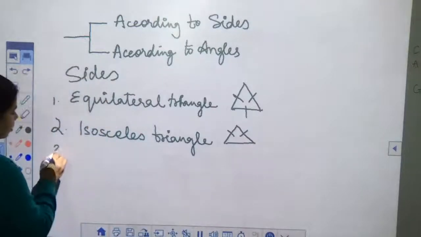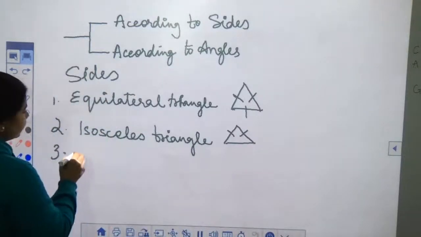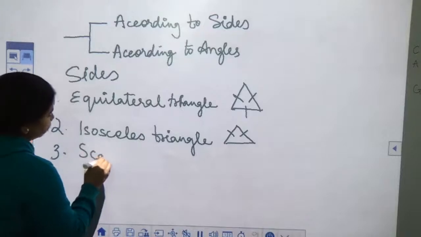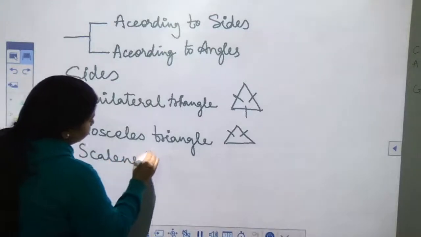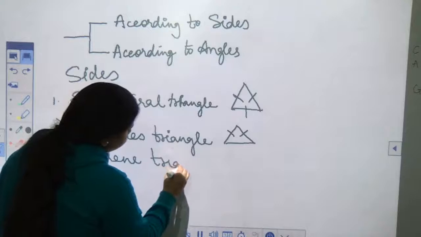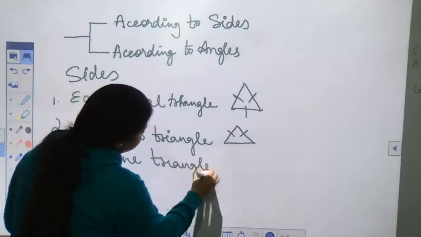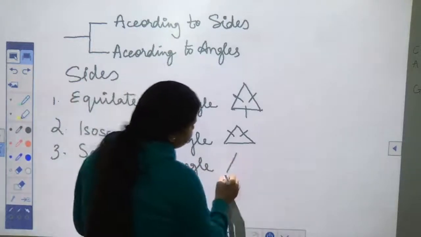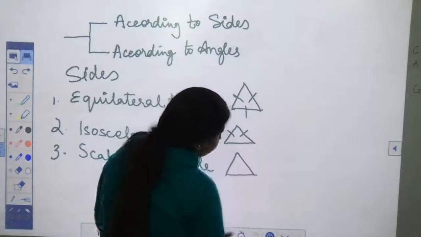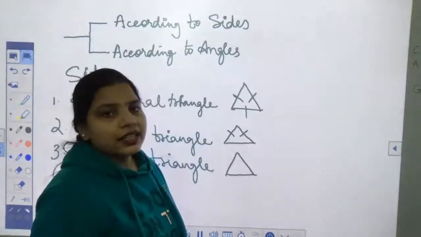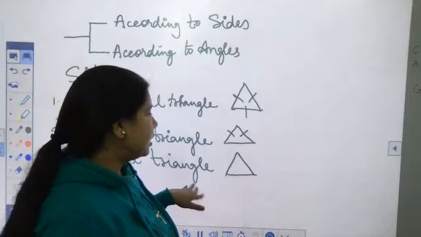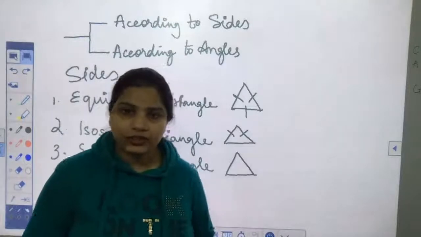Then comes the third one, scalene triangle. Scalene triangle has all sides different. None of the sides is the same. So it is nothing but a scalene triangle.